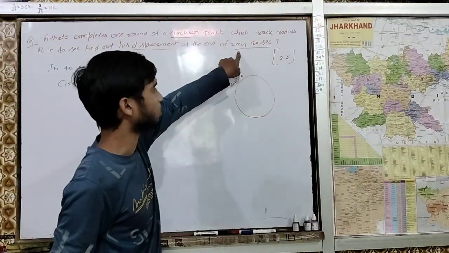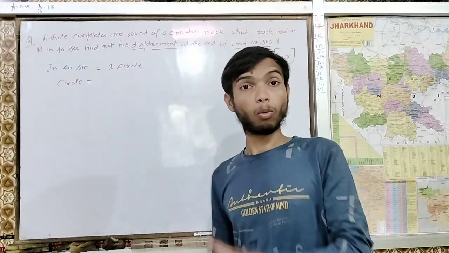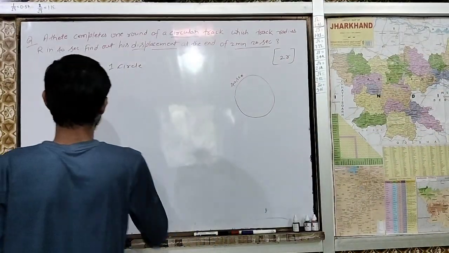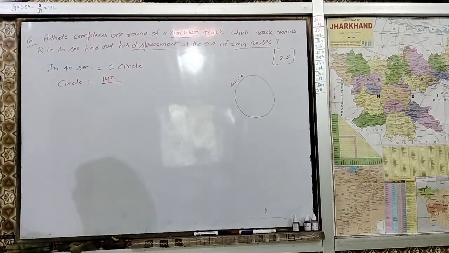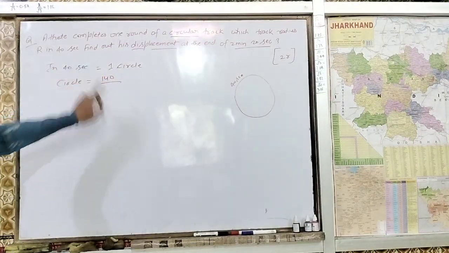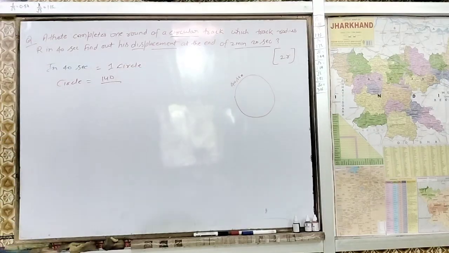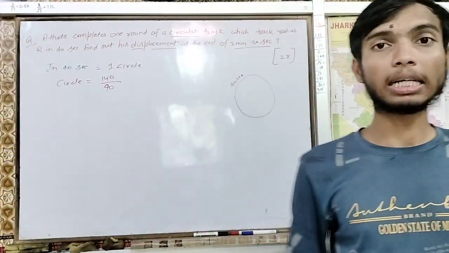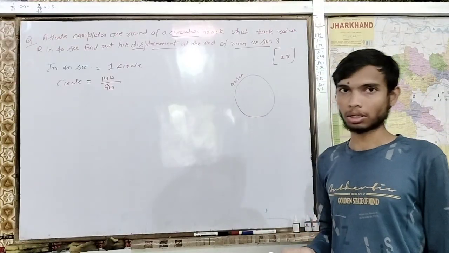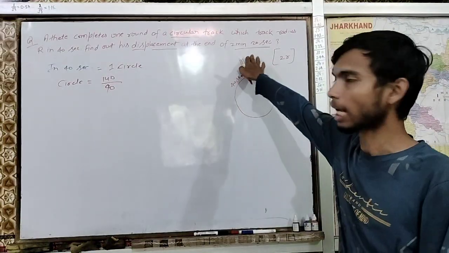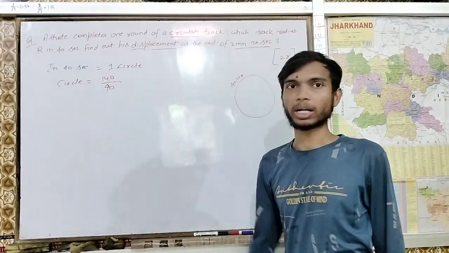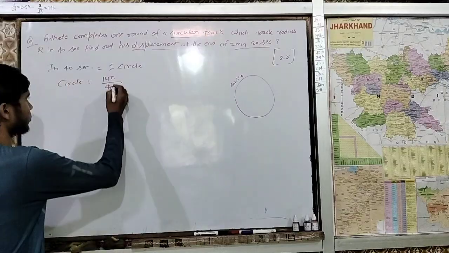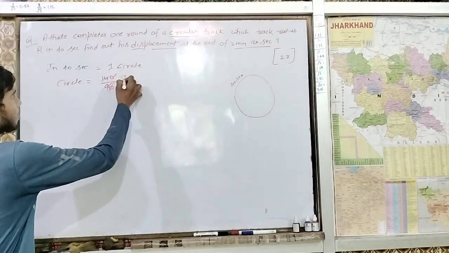Just convert this. 2 minutes is equal to 120 seconds, and 120 plus 20 will be 140 seconds. So 40 seconds gives one circle, and in 140 seconds we will divide 140 by 40, because we want to get the number of circles in this much time. It's not unnecessary. After dividing, you will get 3.5.